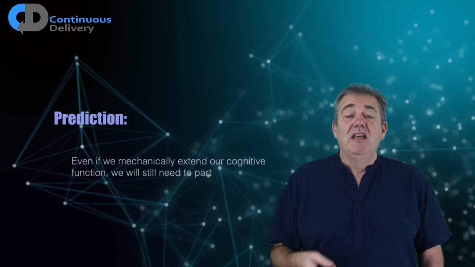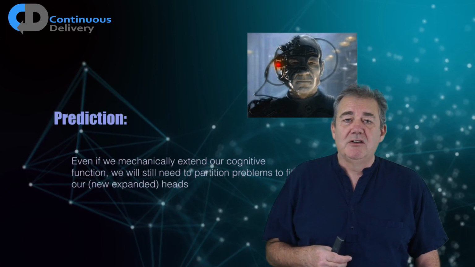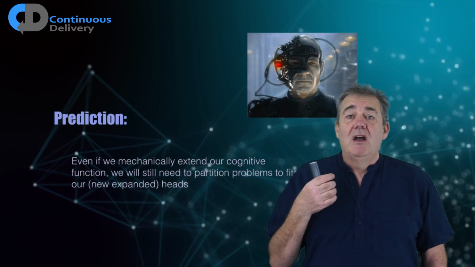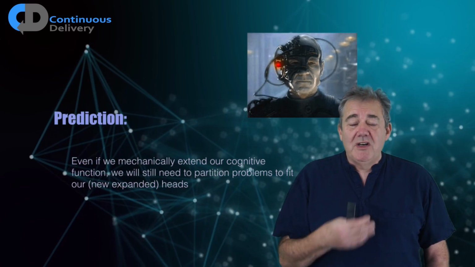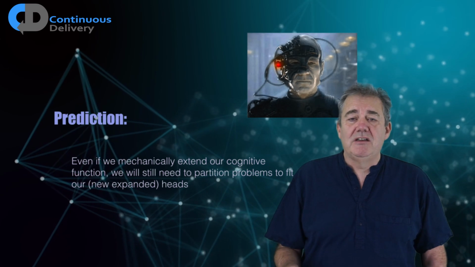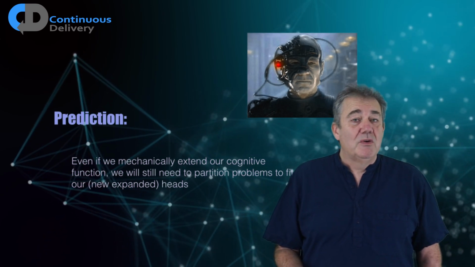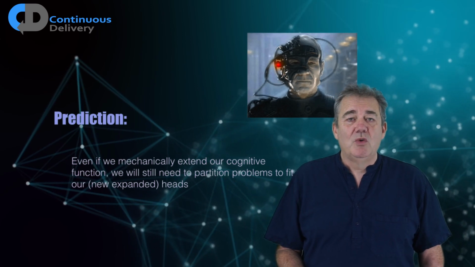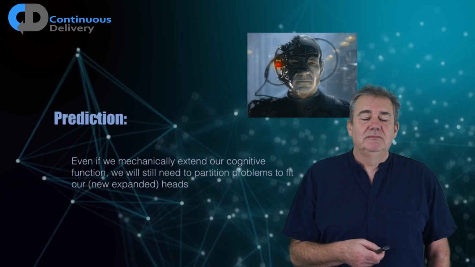So my prediction, even if we do enhance our cognitive abilities through electronics in 100 years' time, I would still predict that software development will be driven by the need to fit inside even our newly expanded human heads. So even if we are smarter than we are today, there will still be a limit, and we will still need to work within those limits in order to be able to build sophisticated software systems.